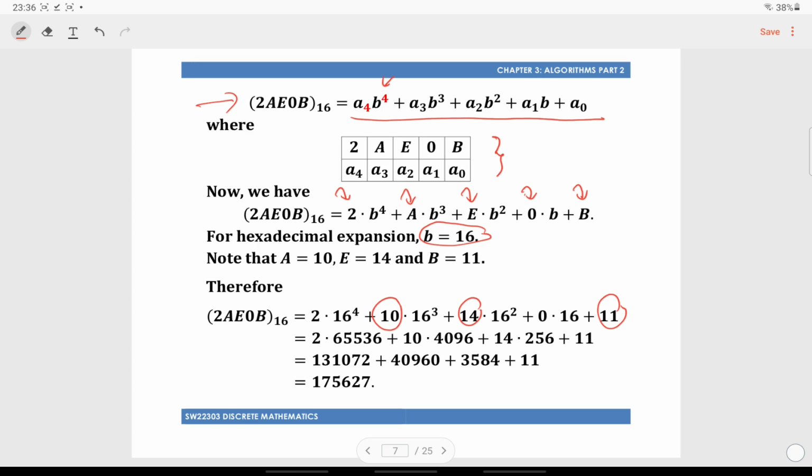The zero term can be omitted because 0 times anything is equal to 0. After the multiplication and addition operations, finally we come out with this expansion, which is the decimal expansion of the given hexadecimal expansion.